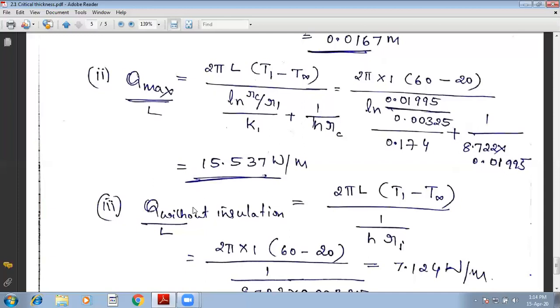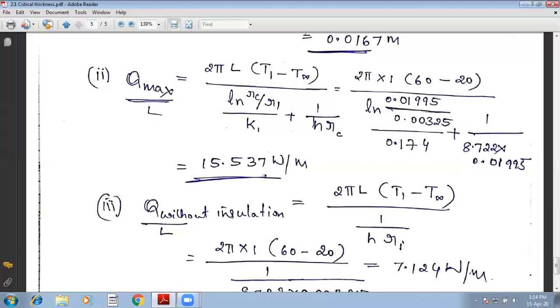So your heat transfer per unit length is nothing but H A into delta T, or Q is equals to delta T upon R, where only this term has to be considered. H into A. And what is A? Surface area. Surface area for the cylinder, 2 pi R into L.